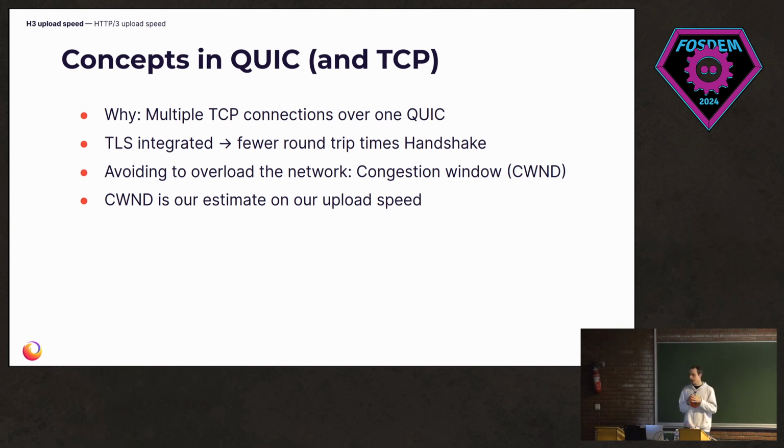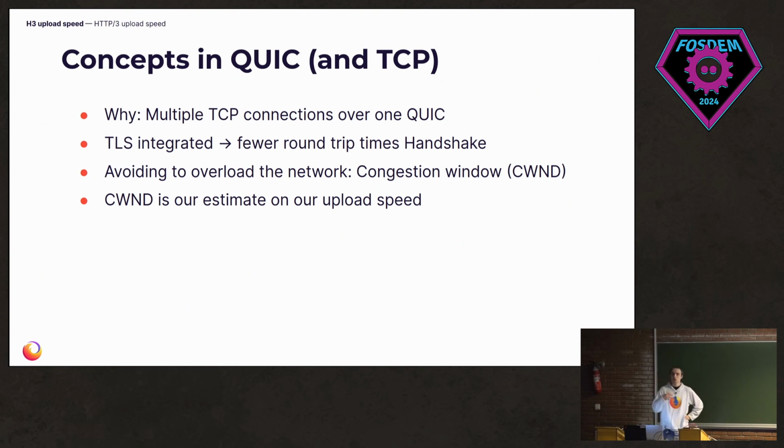So everyone makes sure that we don't overload the network and keep it usable for everyone. And the congestion window is one of the constants that we looked at in the first graph and also in the second graph. This is our estimation of how much we can upload at a time. What is our upload speed to the destination server?